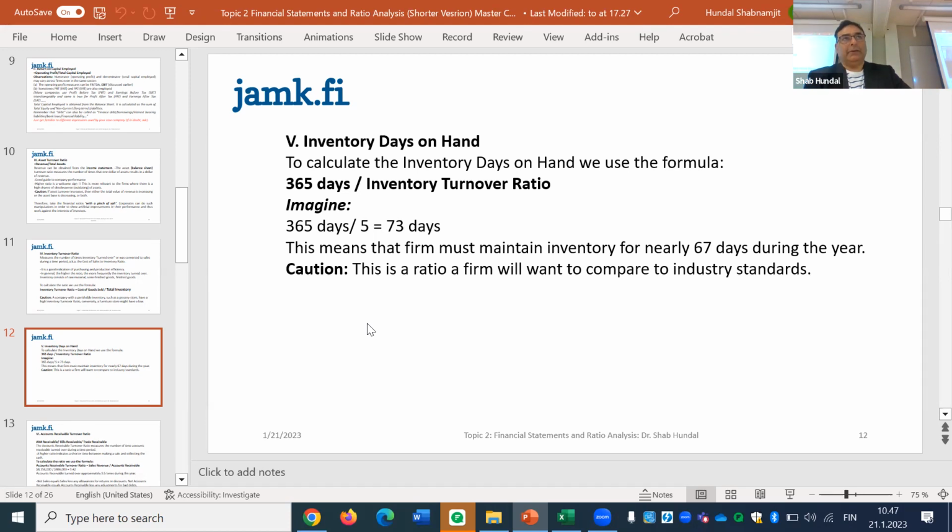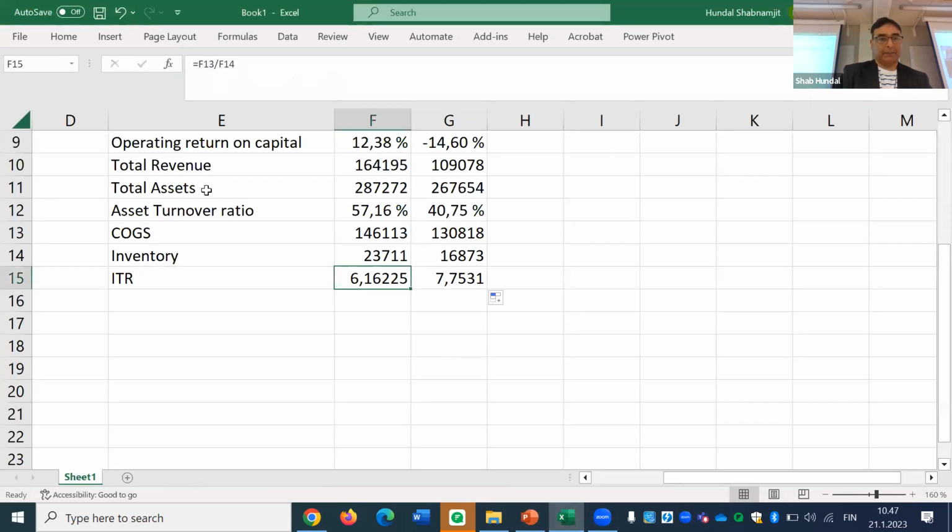So in this case, you want to see for how many days BP should maintain its inventory. It's quite simple. You divide 365 days by the inventory turnover ratio, which you have done already, right? So what we do here is just divide.